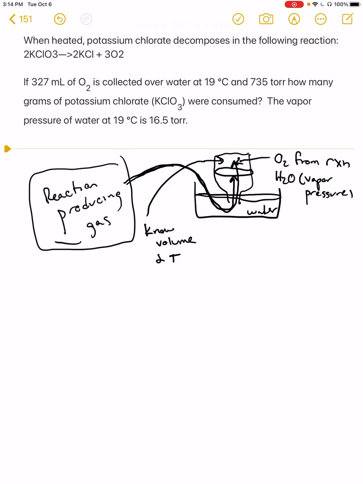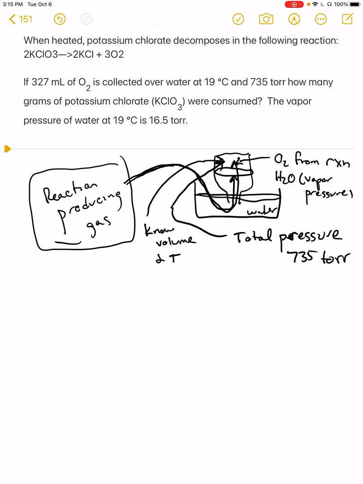The height of the bottle can be adjusted so that the atmospheric pressure outside in the surrounding environment is equal to the total pressure here. So the total pressure up here is going to be equal to the atmospheric pressure, and that total pressure is given at 735 torr.